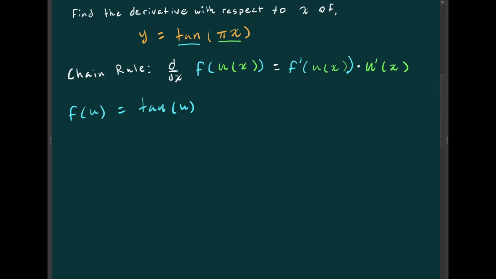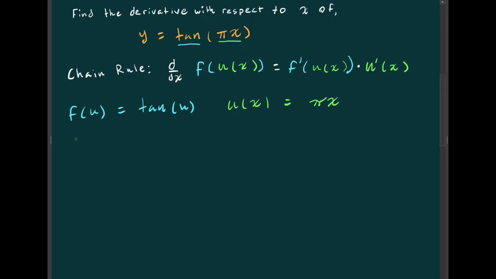Now the inside part, the u of x, let's make that pi times x. Now, let's differentiate both of these. We'll need to differentiate both of these to find the answer.